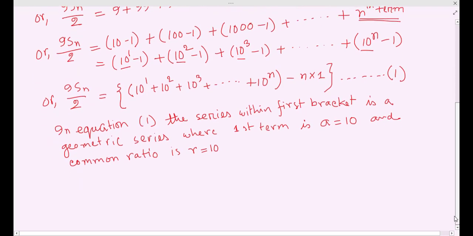So we can say that this portion is a geometric series.